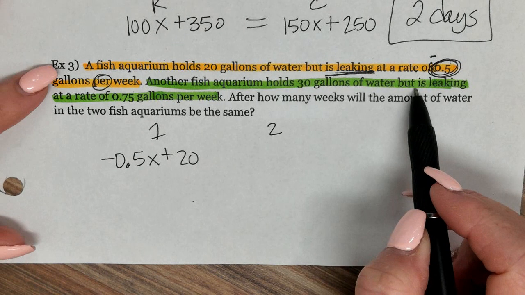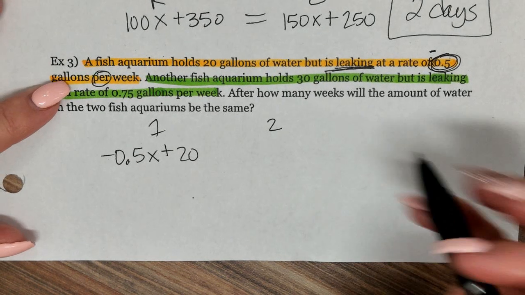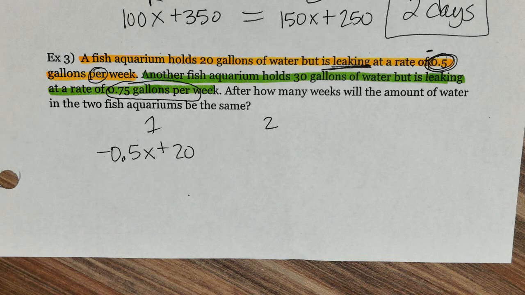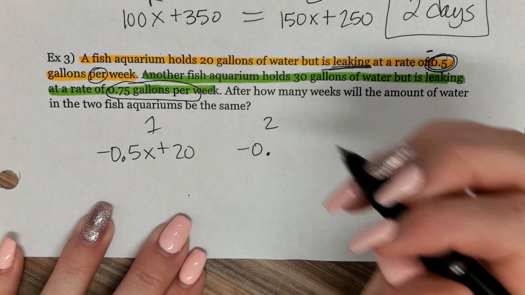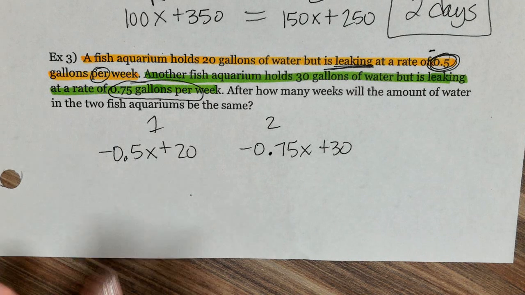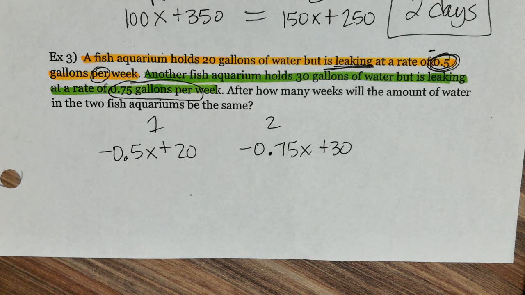It's leaking at a rate of 0.75 gallons per week. Which number gets the X? 0.75. Which number has a negative value? 30 does not have a negative value. 0.75 because it's decreasing. I'm going to explain why 30 is positive: because it starts with 30 gallons. It's there. That's a positive number.